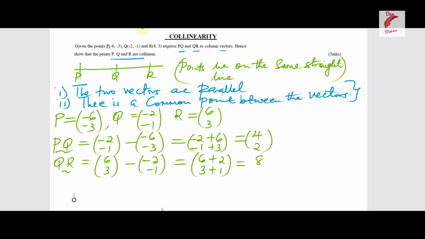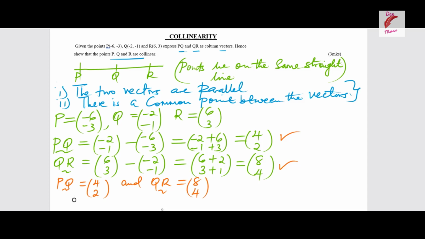This gives (8, 4). So we have expressed the 2 as column vectors. So vector PQ is given by (4, 2), and QR is given by (8, 4).